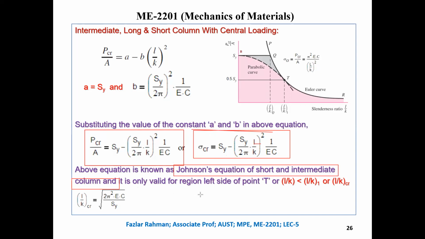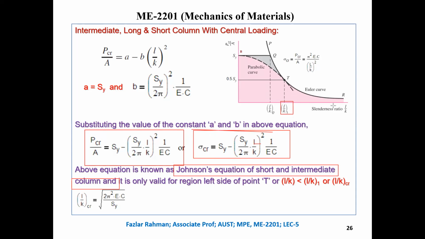It is only valid for the region on the left side of the graph, right? Because if your value becomes higher than this one, then you need to use the Euler equation. That means without measuring, you know this is a long column, so I will use the Euler equation.